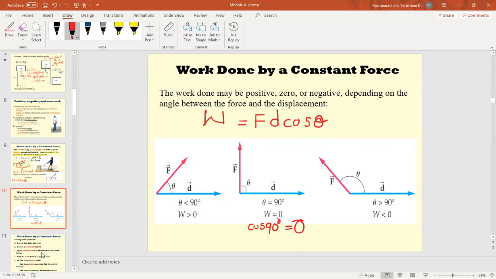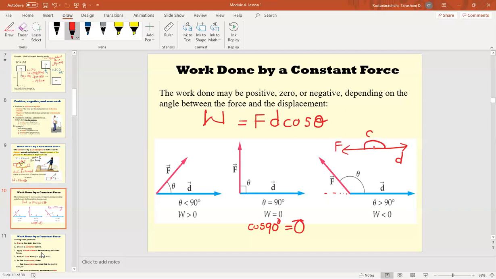Here, if your angle is greater than 90 degrees, say theta is 120, cosine 120 is a negative number. And if it is something like this, this is the displacement and this is the force. Now what is my angle?